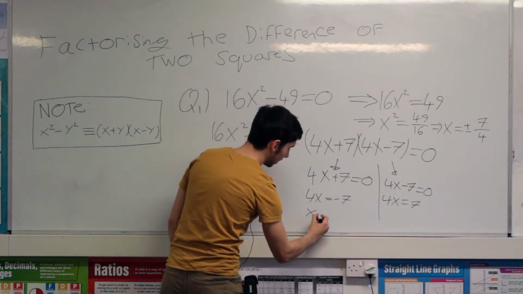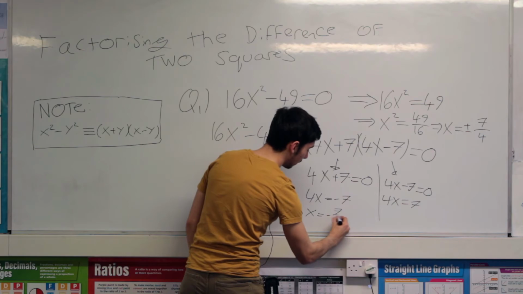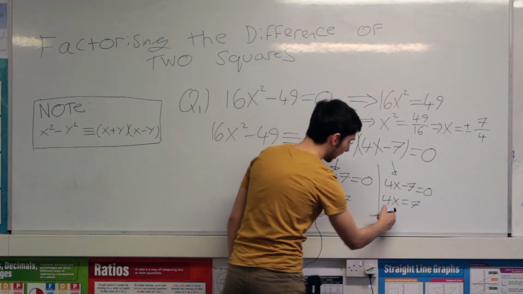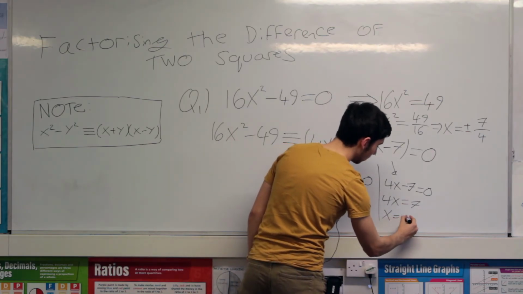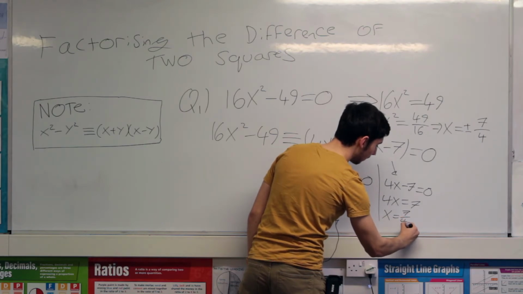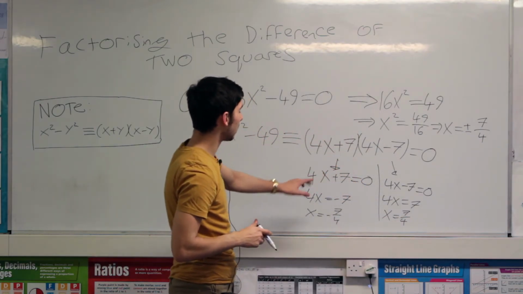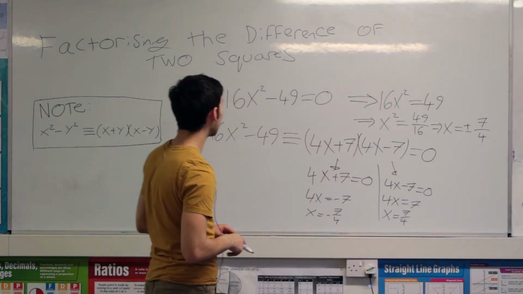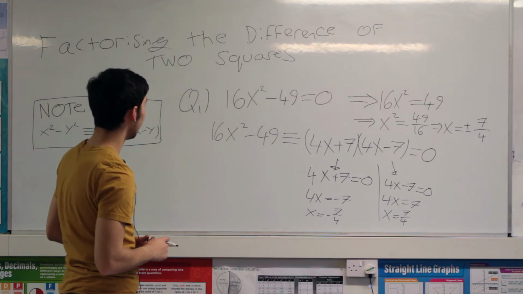That means x is equal to minus 7 over 4, and x is equal to positive 7 over 4. So this definitely holds. This is going to give us the same solutions that we would normally be looking at.